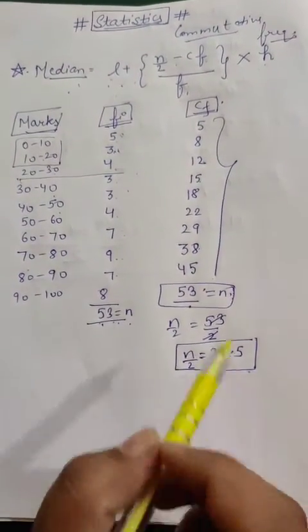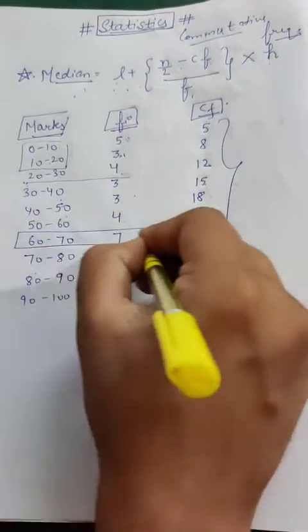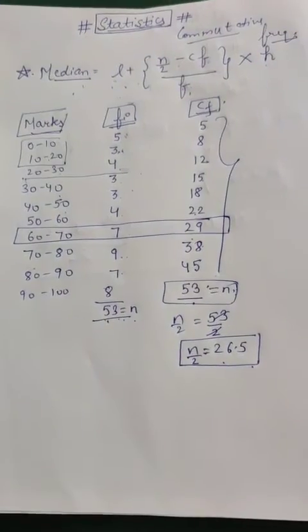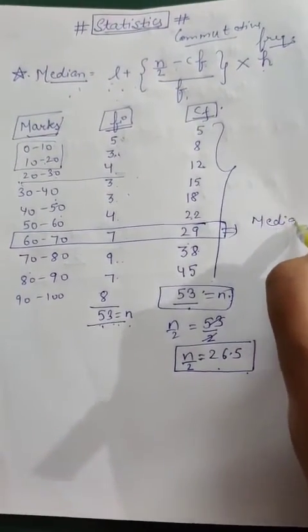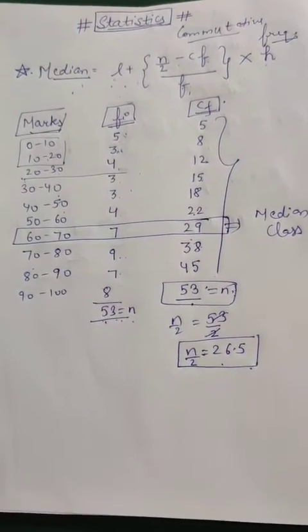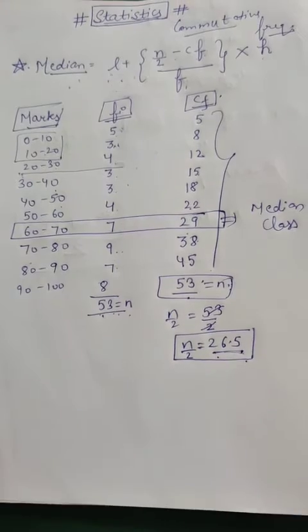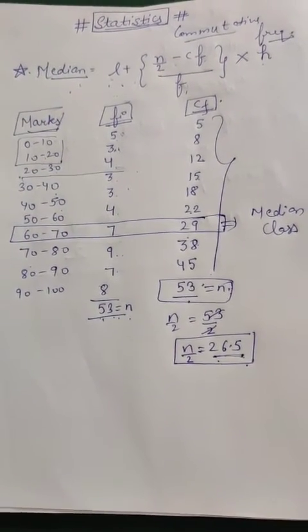Here 26.5 lies between 22 and 29, but I guess 29 is closer to 26.5. So hence this is called the median class. This will be called the median class because the mid value is approximately 26.5 and it is closer to 29, so it is called the median class.